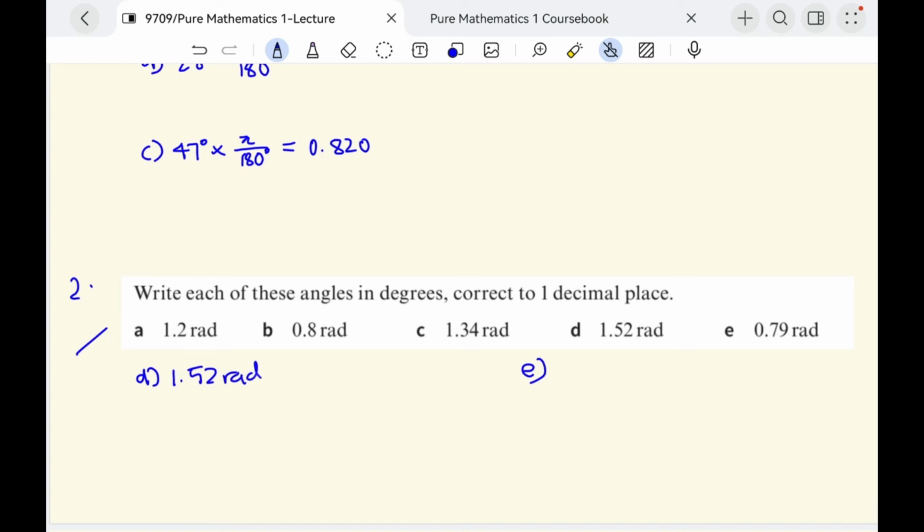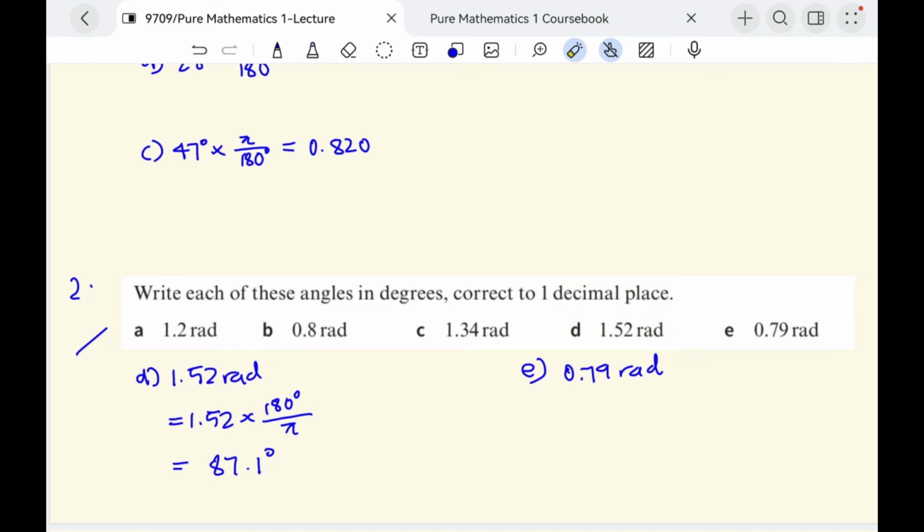This is 1.52 rad. This is 0.79 rad. I'll solve the 1.52 first. It is basically multiplied by 180 degrees divided by pi, and correct to 1 decimal place. So by right, you should get 87.1. Why does this question want you to leave the degree form in 1 decimal place?